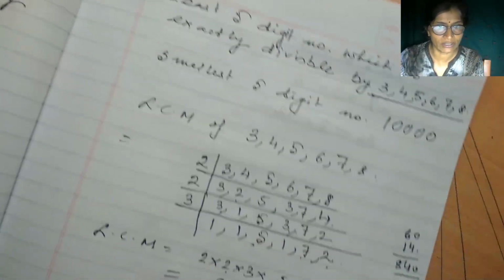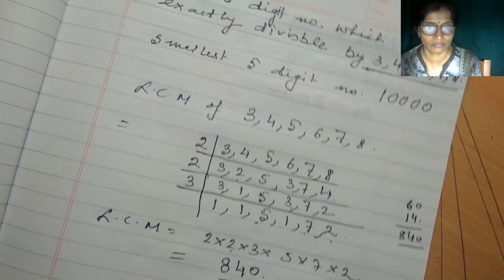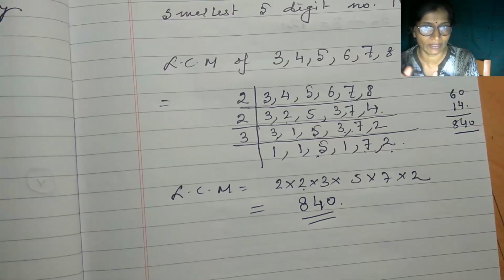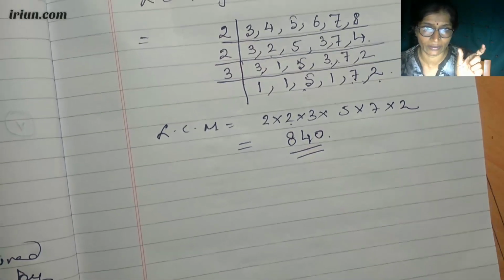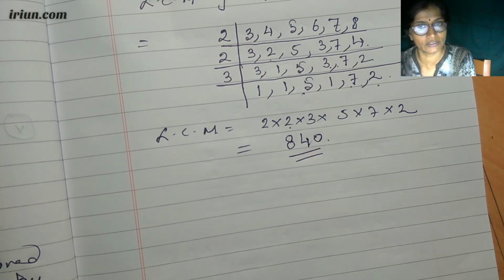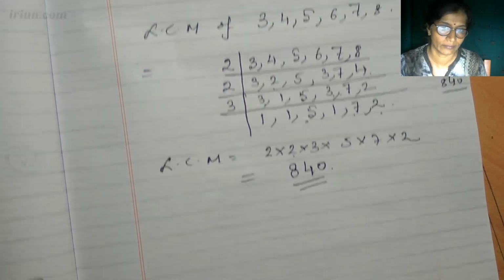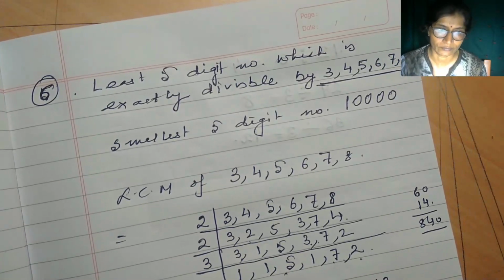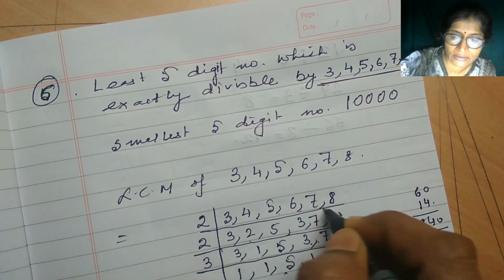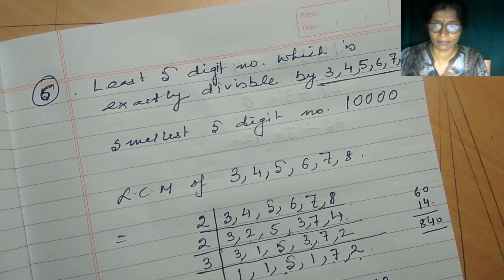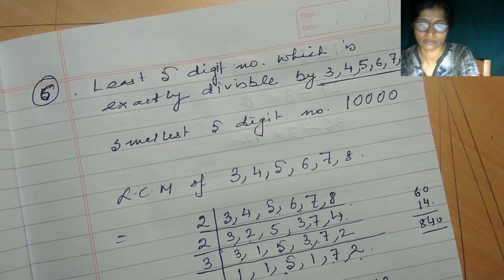What I said to you is that if 12 is divisible by a number, suppose 3 4s are 12, then a multiple of 12, like 12 2s are 24, is also divisible by 3, and 36 is also divisible by 3. So if a number is divisible by another number, then the multiples of that number are also divisible by it. So if 840 is divisible by these, then if multiplied 2 times, 3 times, that number will also be divisible by these numbers.